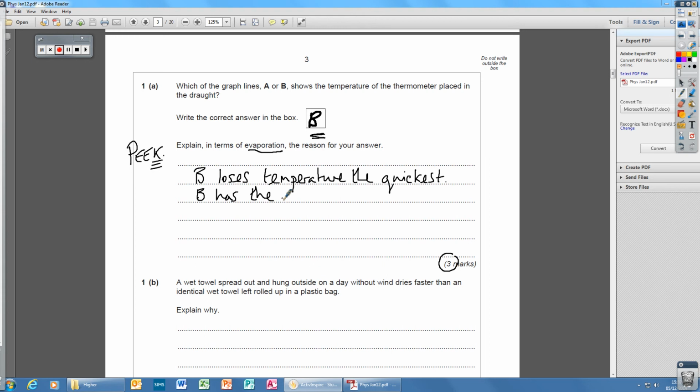Has the most evaporation. Why would that be? So I'll say it's in the draft. So evaporated particles take away energy with them.